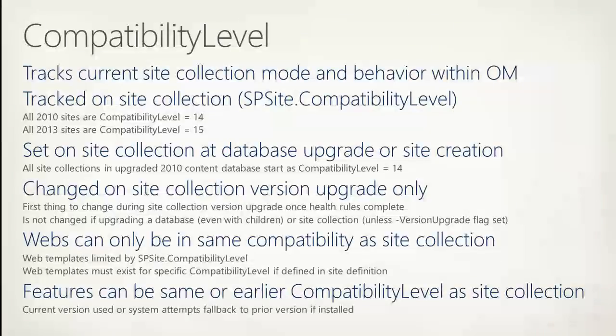Now, some additional stuff here is that if you are using features, the features can only be the same compatibility level as the site collection or an earlier version of the features. For example, on a 2010 site collection, you cannot activate the new 2013 site features onto those site collections. It won't work. We don't allow it, and there's really good reasons for it. Once again, getting back to test matrix and other stuff.